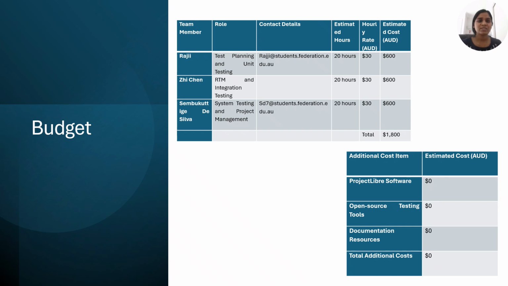Additional cost items such as ProjectLibre software, open source testing tools, and documentation resources were estimated at zero cost because open source software and university provided resources were utilized throughout the project. Overall, the budget helps estimate the effort and resource allocation required to complete the software testing and documentation activities successfully.